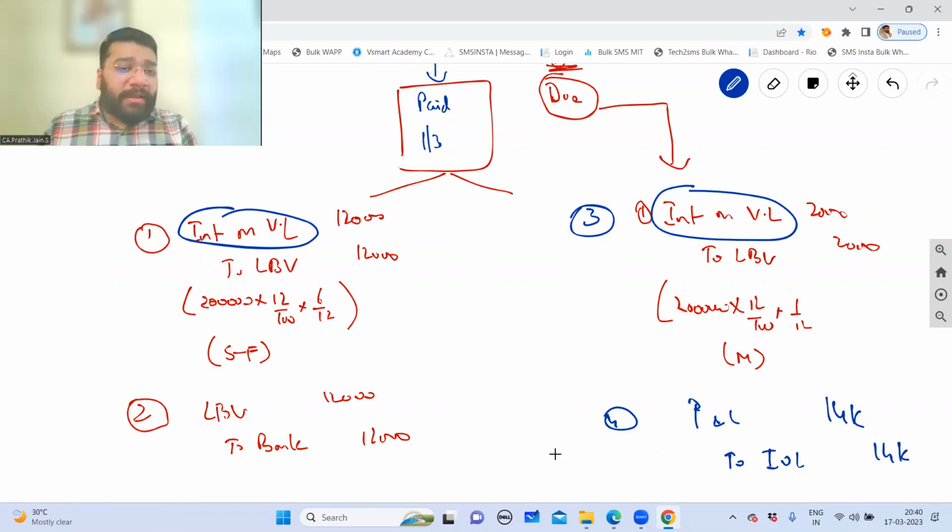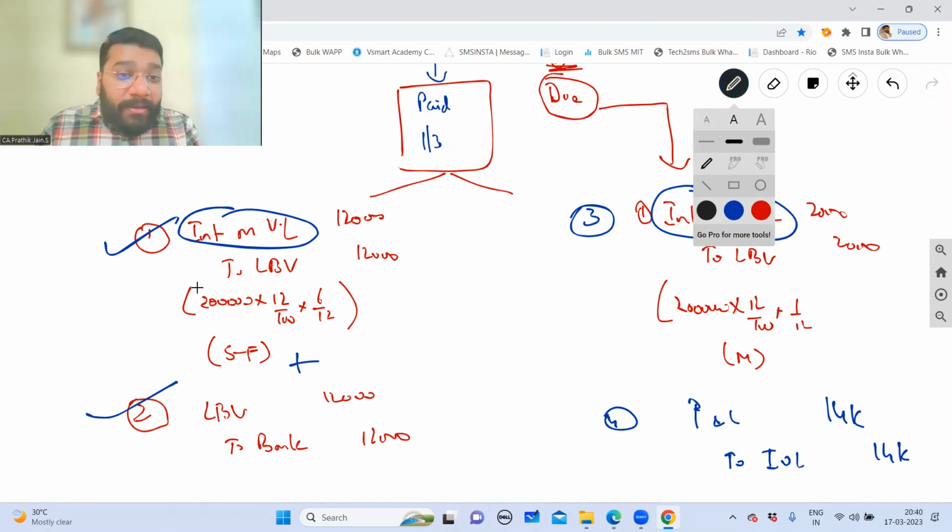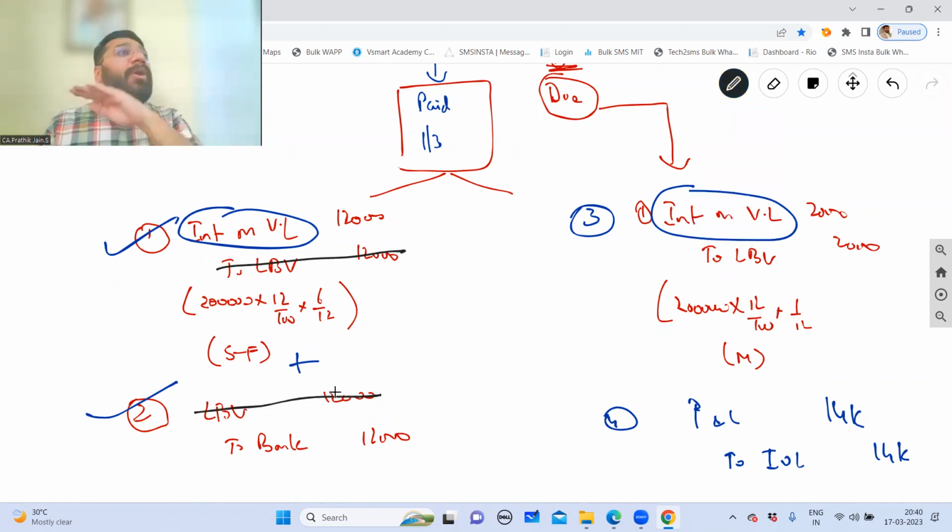But in a textbook, what they have done is instead of doing two separate entries, they're telling that if payment is made, why create a due entry? Like that, they have assumed it and they are passing a combined entry. So the first entry and second entry, they're combining together. When I combine these both, what will happen? LVB to LVB will get knocked off, because same value, same account got knocked off.